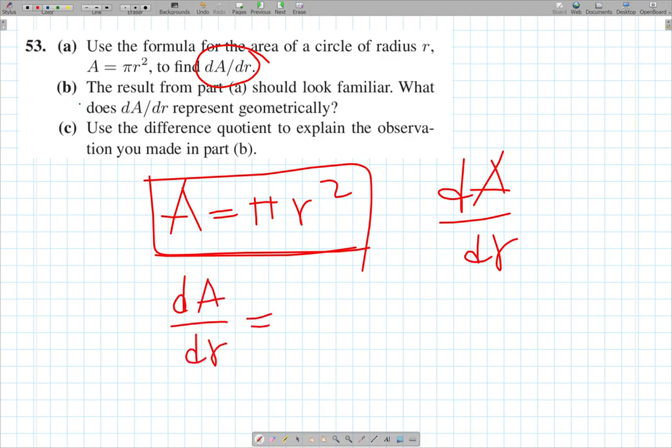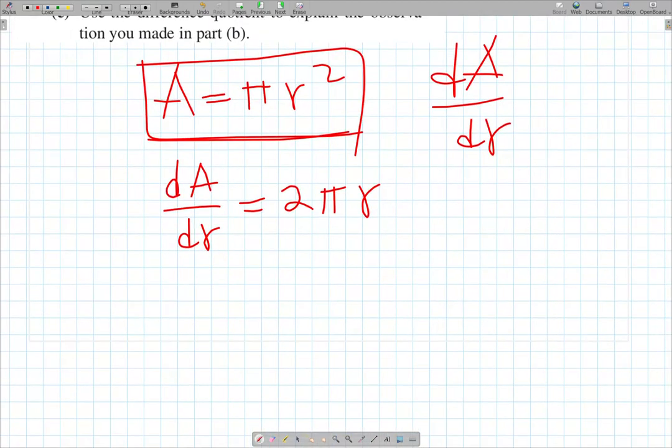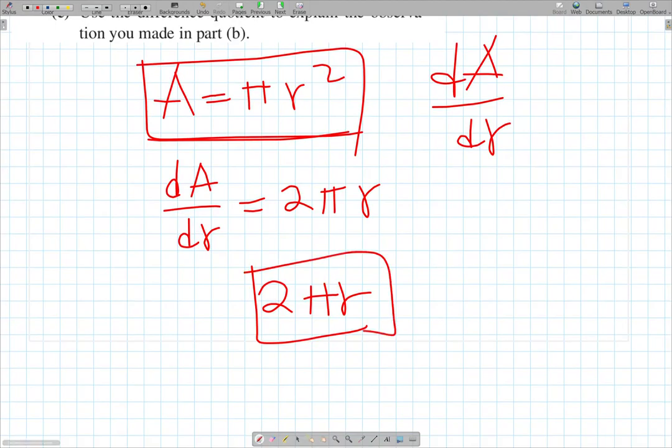Okay, so 2 times the constant pi is 2 pi, and then r, 2 minus 1 is r. So the dA over dr is equals to 2 pi r. Okay, so ano ba ang 2 pi r class? Actually, ang 2 pi r is the circumference of the circle. Ano ang ibig sabihin ng circumference?